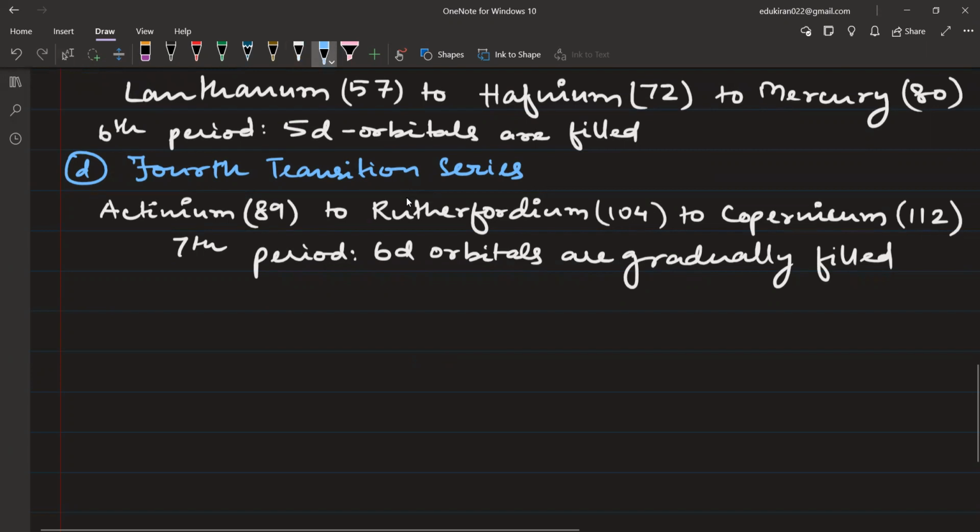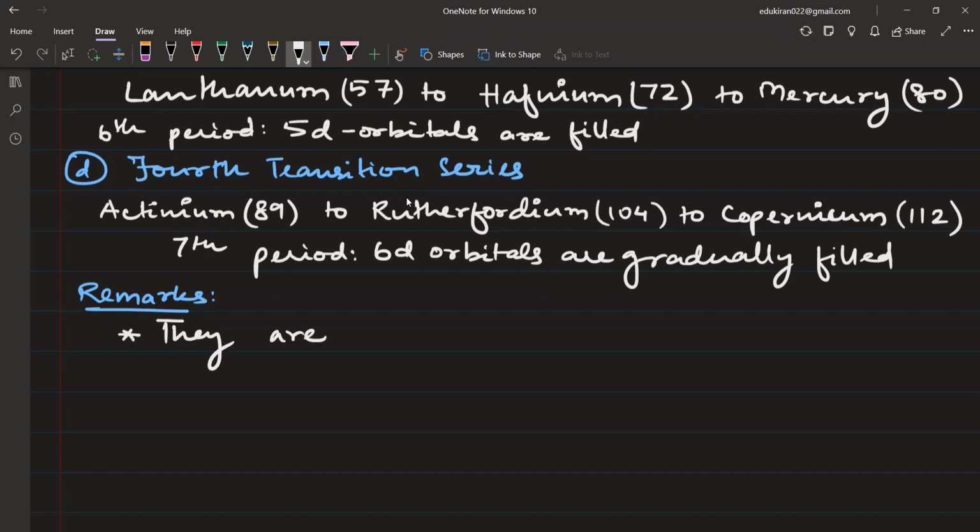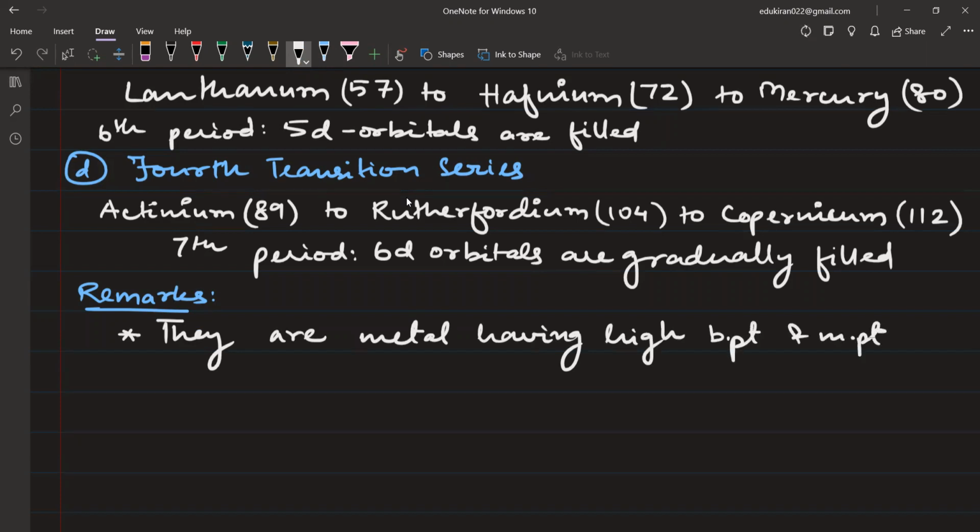Then you will write some remarks about the d block elements. So most of the d block elements are metals, having high boiling point and melting point, except mercury, which is liquid at room temperature.